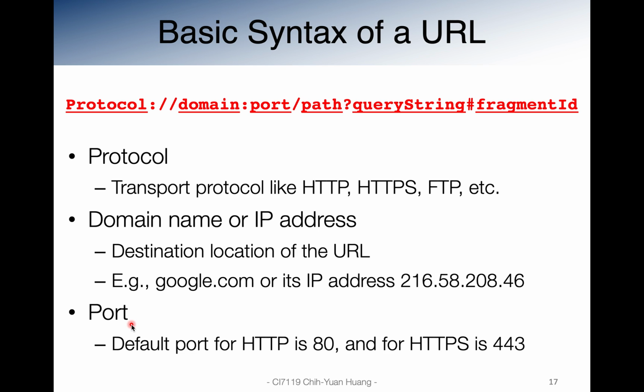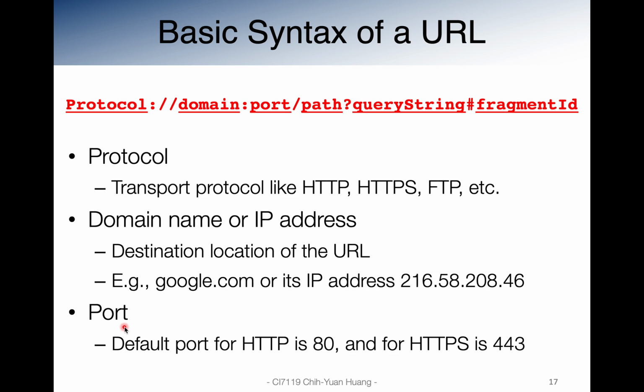It's kind of like you have a building, and that building can have multiple entries, and each entry has a specific number, and that number is like the port here. So when you access a certain IP address and specify different ports, you are using different services provided on that server.